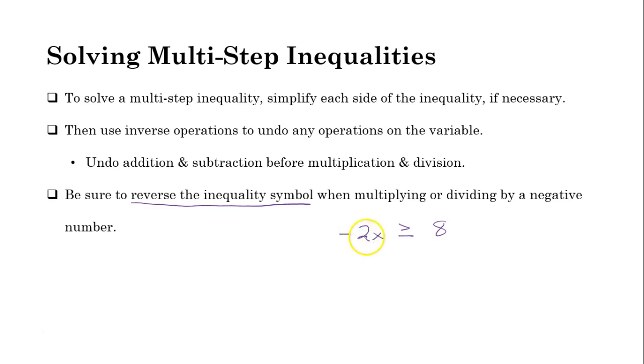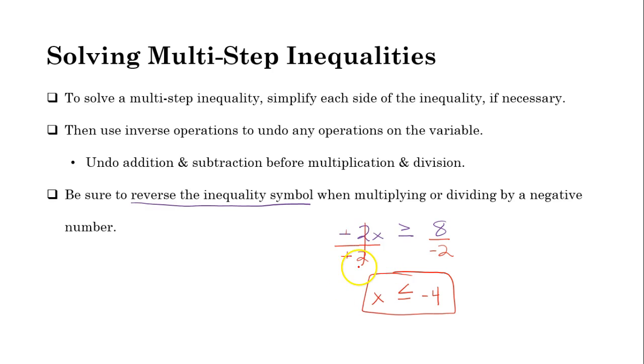So for example, if I had this inequality and I was going to undo this multiplication, multiplying x by negative 2, I would divide both sides by negative 2, because that's the inverse operation of multiplying by negative 2. Negative divided by negative is positive, 2 divided by 2 is 1, so that just gives me x. 8 divided by negative 2 is negative 4, but because I divided by a negative, I have to reverse the inequality symbol, so it becomes less than or equal to.